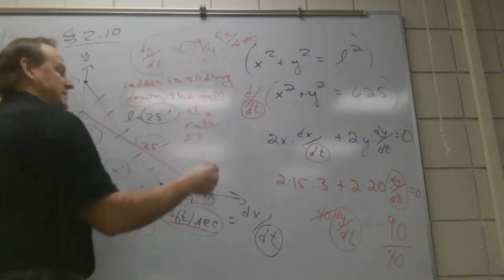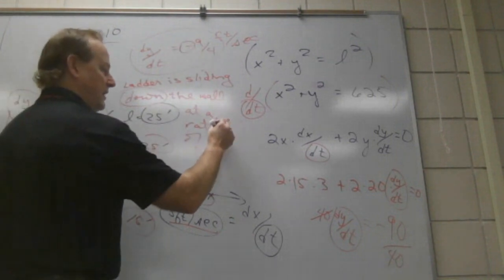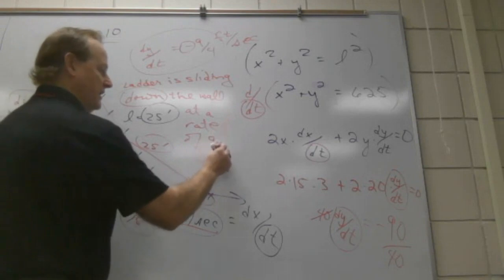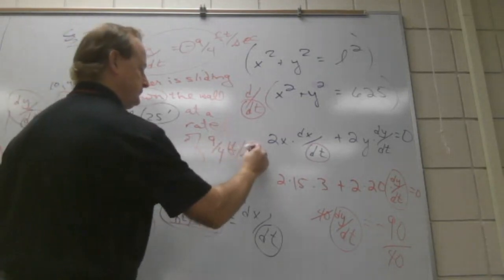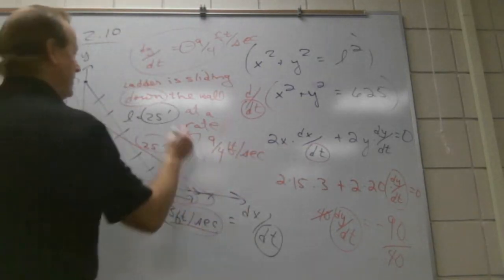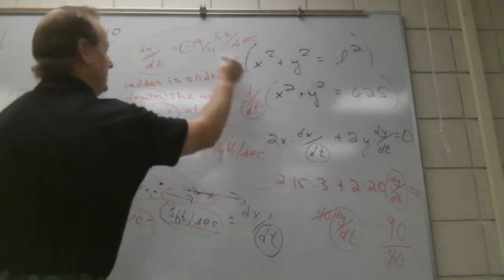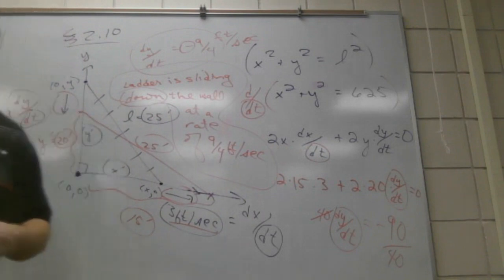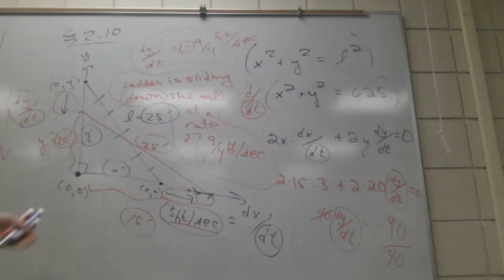That's what the minus sign says. At a rate of 9/4 of a foot per second. I don't really care if you make that 2 1/4 or 2.25, but 9/4 is just as easy. So the ladder's falling at a rate of 9/4 of a foot per second.